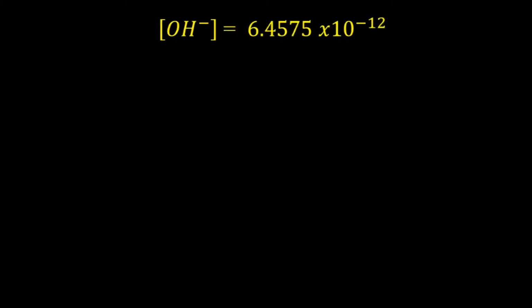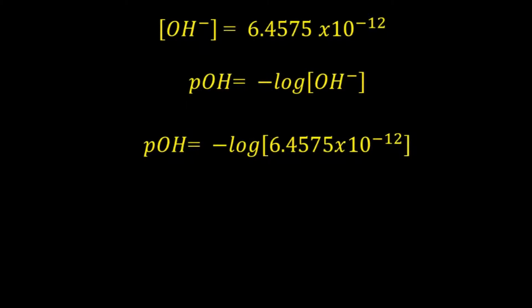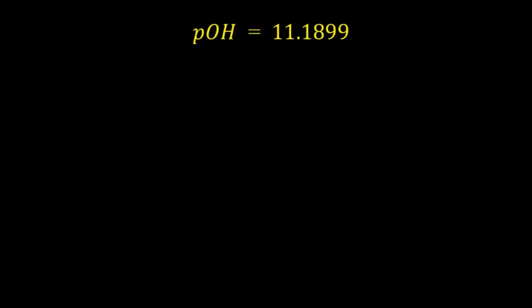We'll take that value and plug into the equation to solve for the pOH, which is the negative log of the OH concentration. See the brackets around that, that's the molar concentration. And then we plug into that equation and we come up with 11.1899. And that's going to be the pOH.